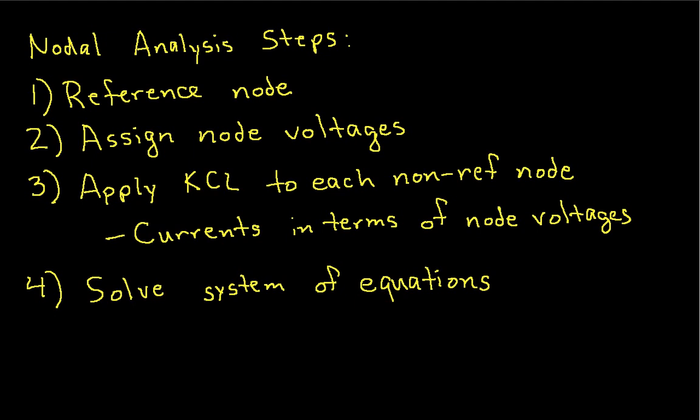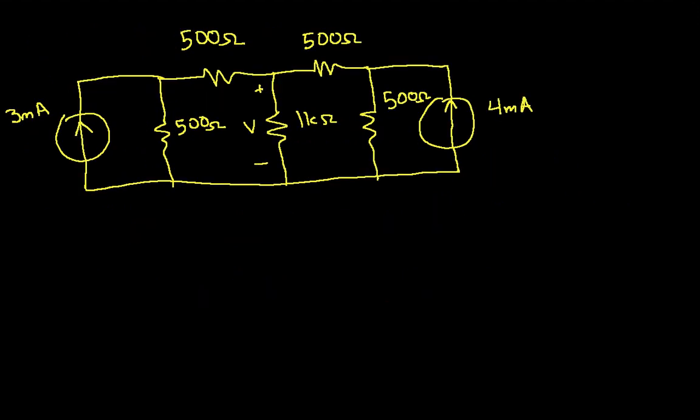So to show you how to do nodal analysis, we'll do it on the circuit that we had up in the previous slide, and just go step by step through it. So step 1 is to assign a reference node. If we go back to our circuit, assigning a reference node basically means to select one of the nodes in the circuit and to call it your reference.